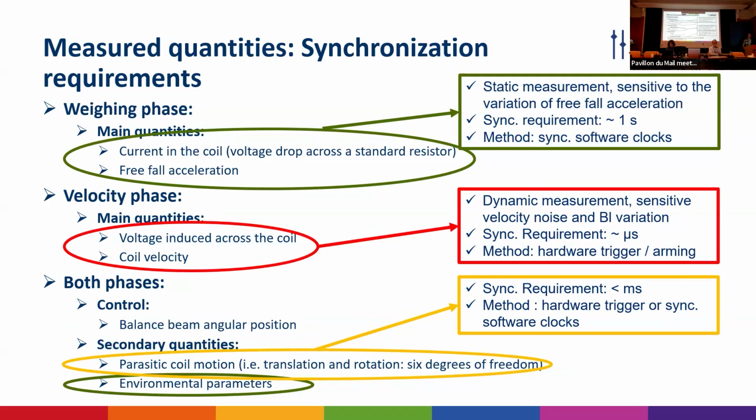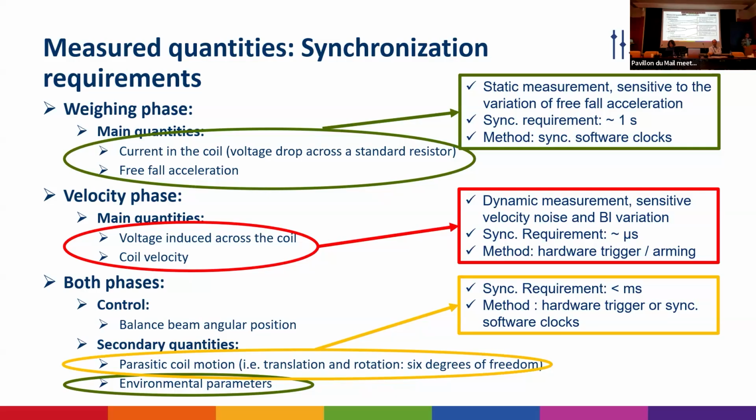And usually when we talk about synchronization for these parameters, we are talking about typical synchronization at the second level, which is very easily accessible with software clock synchronization to UTC typically. So I will not talk more about this because it is something relatively trivial in a lab.